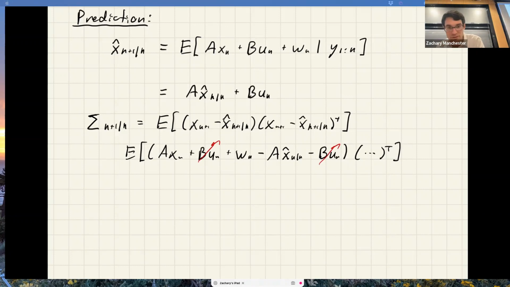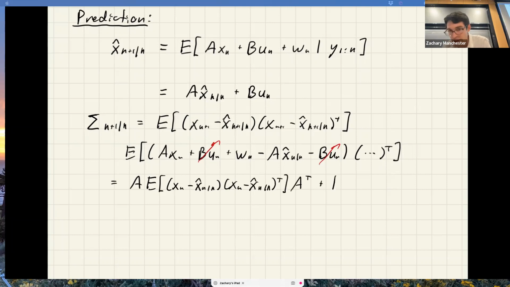Now I'll simplify this down and pull out the A's because it's a linear operator. If I do that, I'm going to end up with the following thing. And I'll pull out the only noise term that doesn't go away.